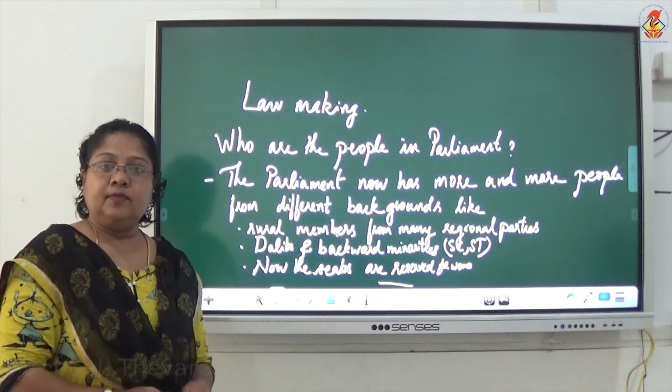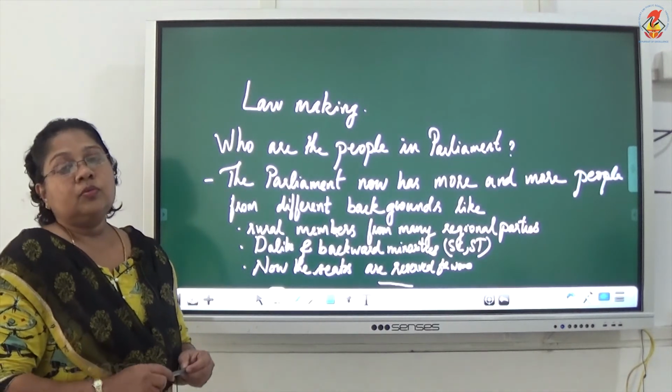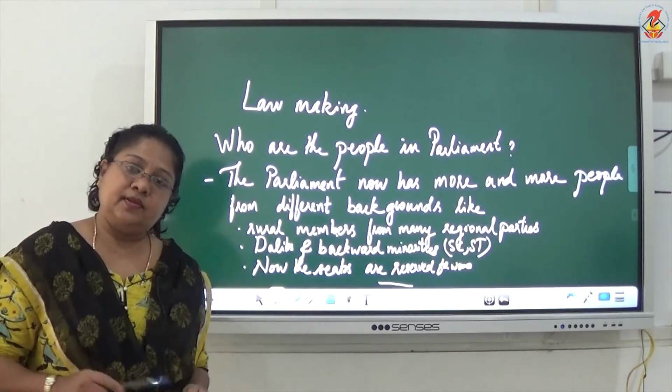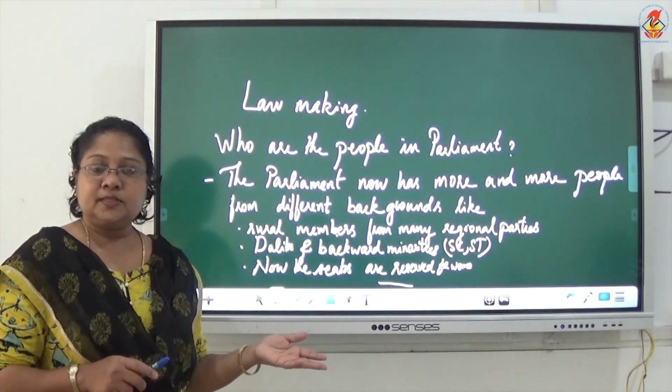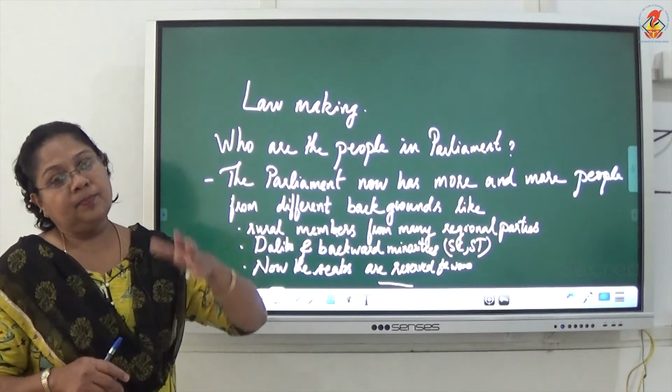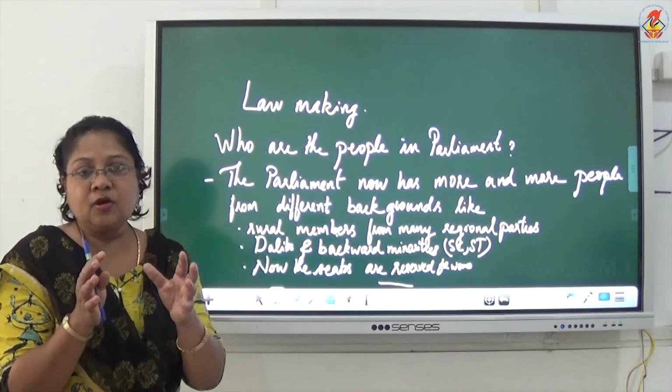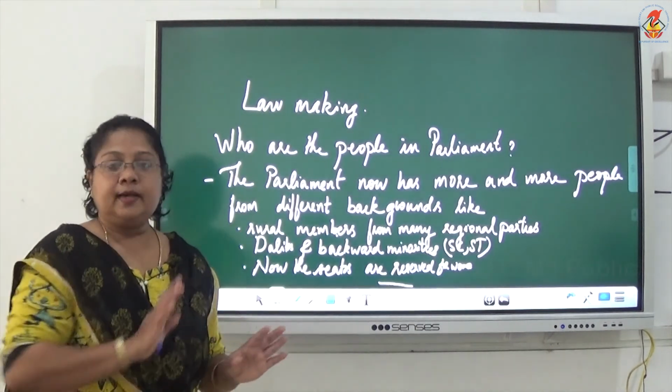So we have dealt with how the parliament is formed and what the functions of the parliament are. Parliament is formed by selecting MPs from each constituency, and these MPs together become the parliament.